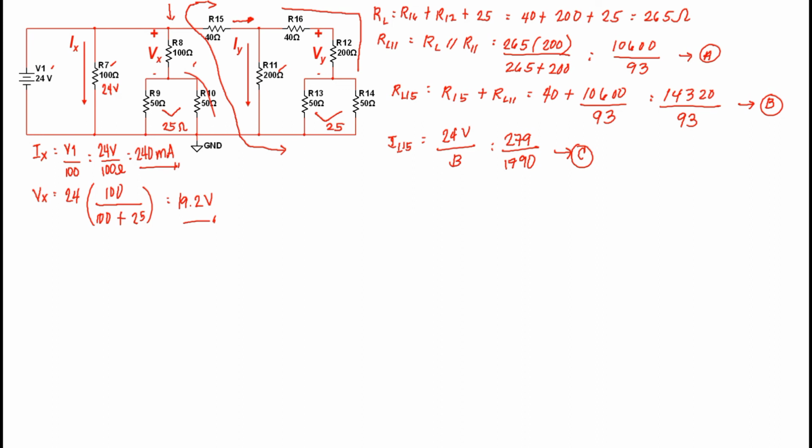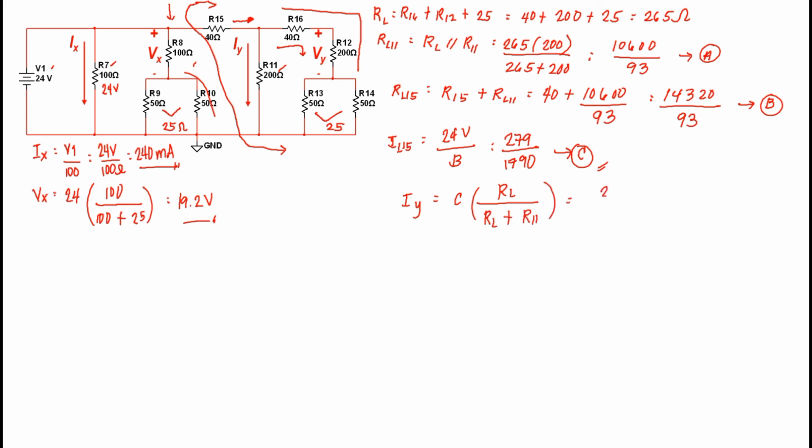Then, to solve for Iy, the current will be divided into the current that flows through Iy and the current that flows through this last branch. So to find Iy, just use the current divider. Iy is equal to C, this one, IL15, multiplied by the other branch, RL, over RL plus R11.